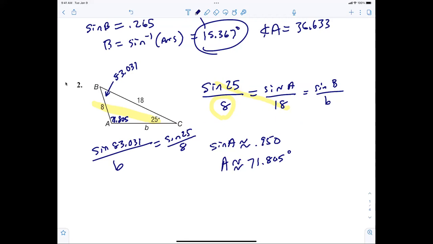What do we get for B? Not 83.031, side B. 18.7. Anybody else get 18.790? What, Tanner? Okay. That's what I'm saying.